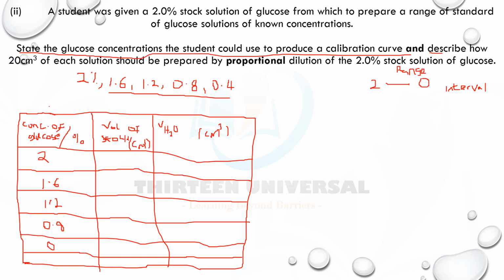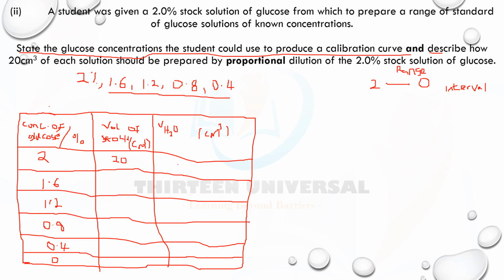So 0.8 minus 0.4, that's 0.4. And then the last one is 0. Control.